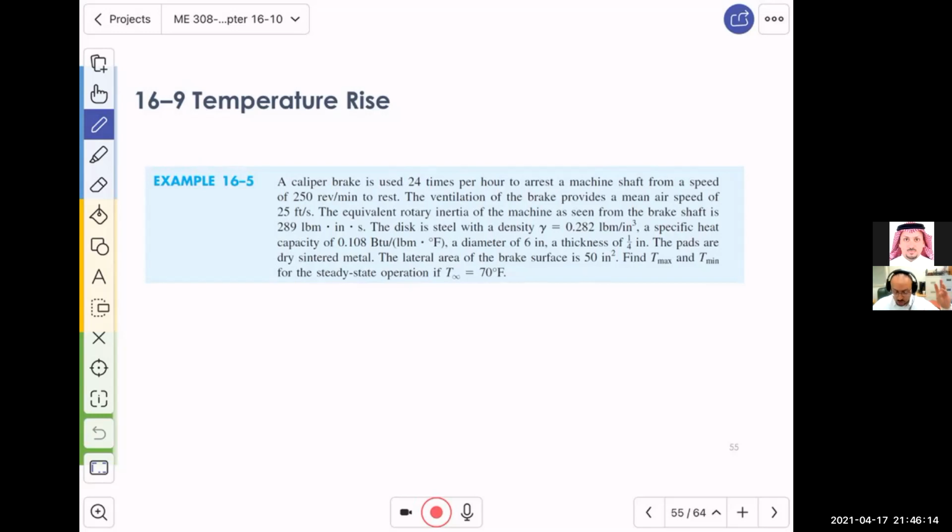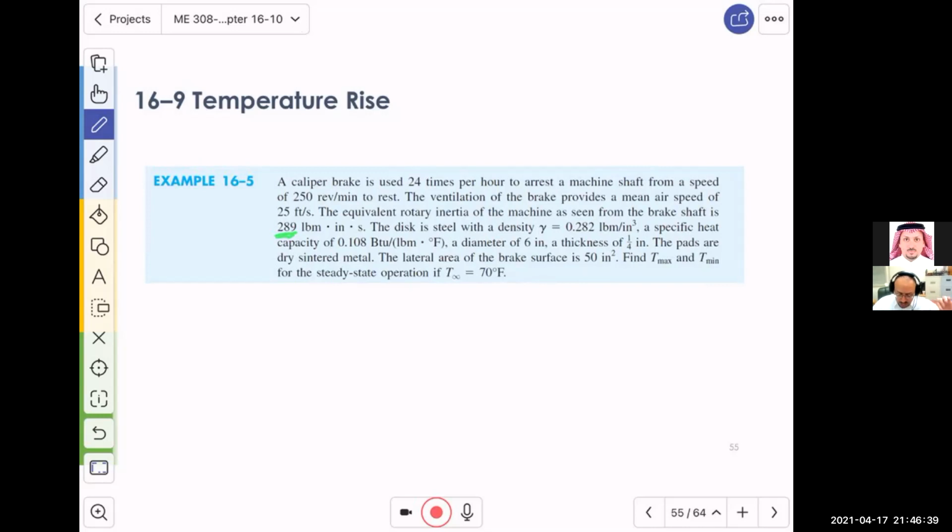I is equal to 289 pound mass inch second. Okay? And then it says the disc is a steel with a density gamma of 0.282 pound mass per inch cube. That's the unit of density.